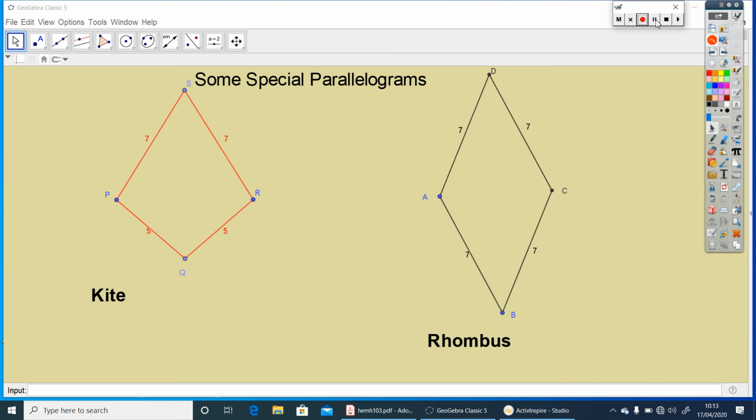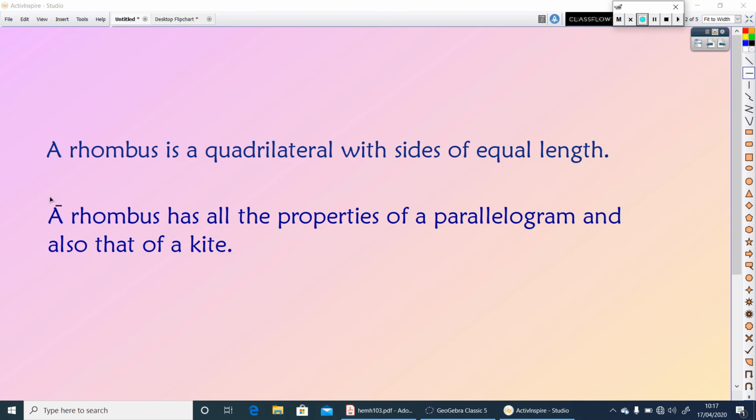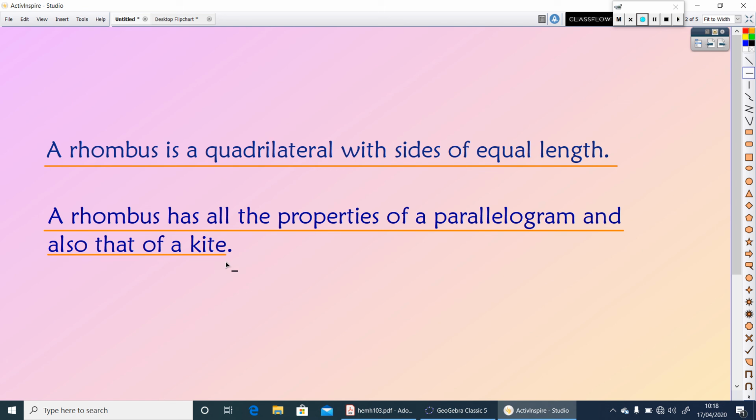So we can conclude that a rhombus is a quadrilateral with sides of equal length, and a rhombus has all the properties of a parallelogram and also that of a kite.